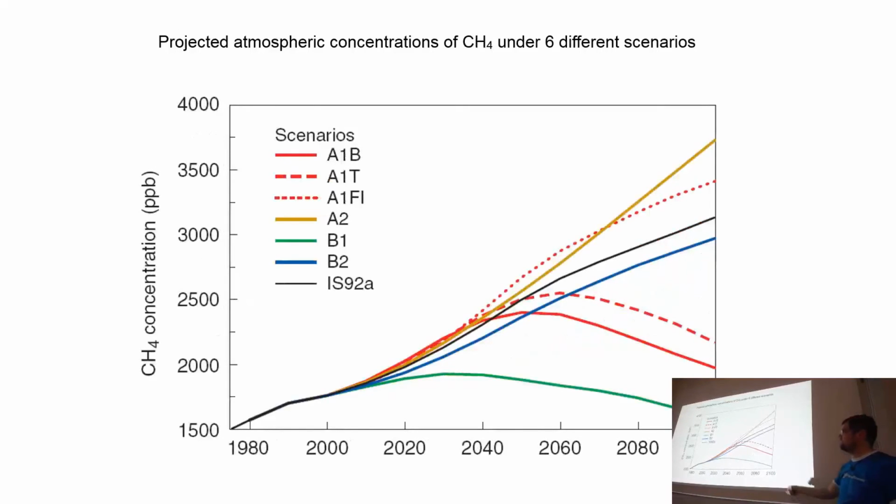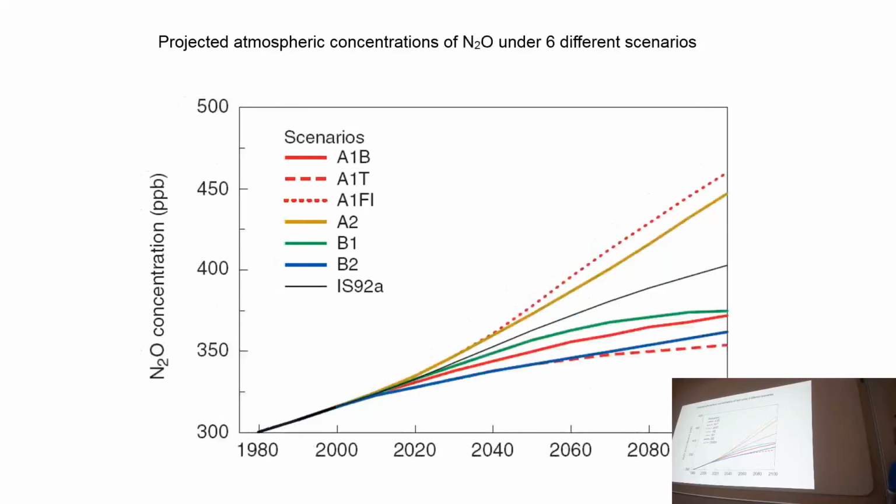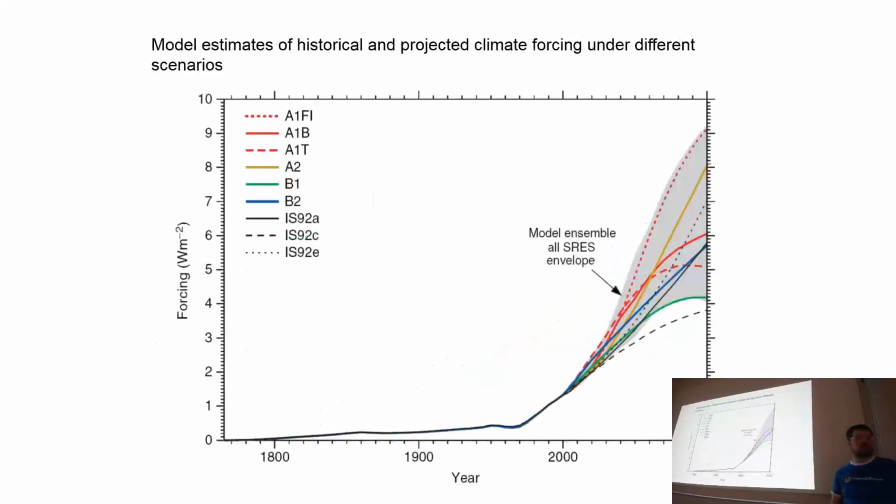We also model those for each of the climate relevant gases. So for CO2, for methane, I think also for nitrous oxide. Those are all predicted to go up into the future. And then from those, we're able to produce a radiative forcing going off into the future. So that's adding up all of those greenhouse gases.